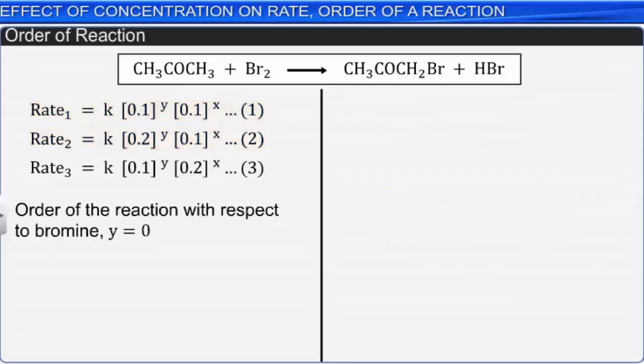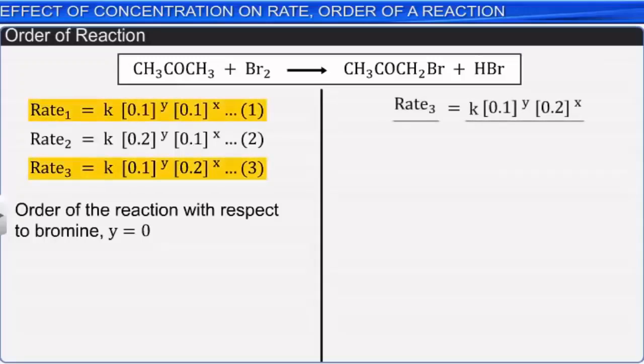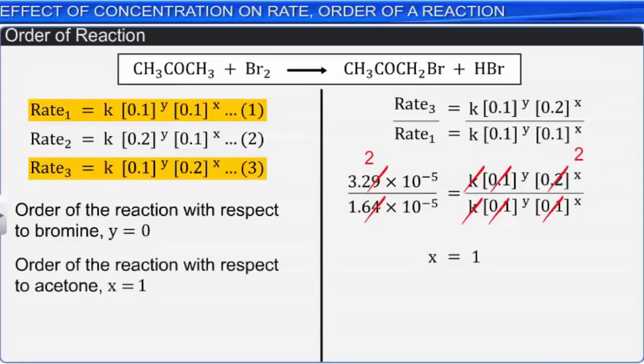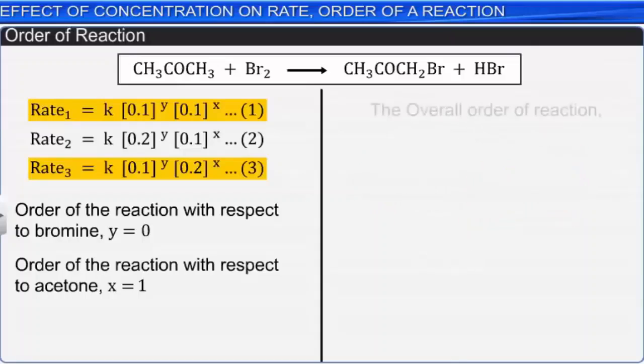Similarly, we can calculate the value of x by dividing equation 3 by 1. We get x as 1, which gives the order of the reaction with respect to acetone as 1. The overall order of the reaction is therefore 1 plus 0, which is 1.